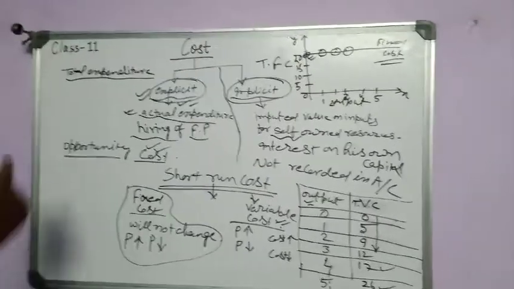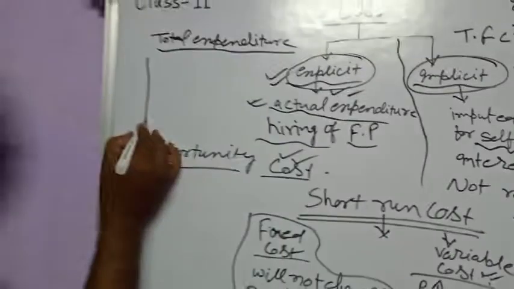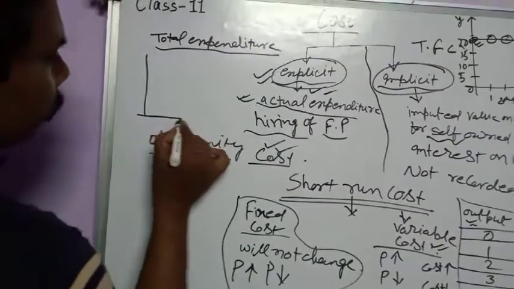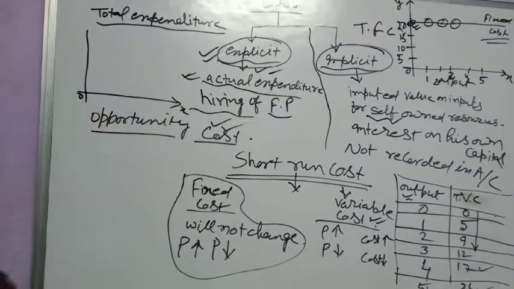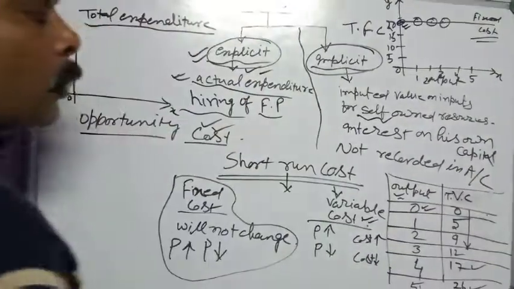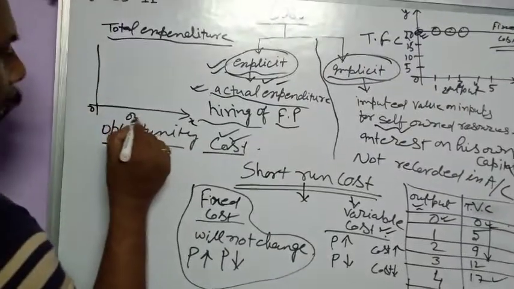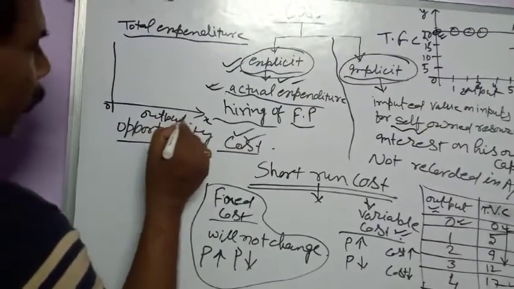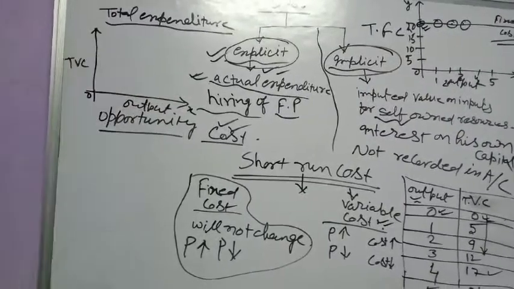Now come here, just see, this is the y-axis, this is the x-axis. Clear? That is the origin. So what do you find here? You find that when the output is 0, the total variable cost is also 0. So here is the output, and here is the TVC, total variable cost. Clear?